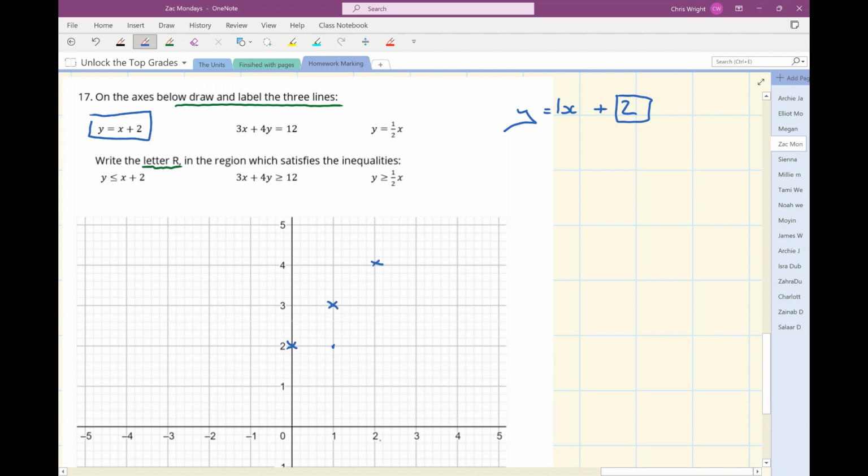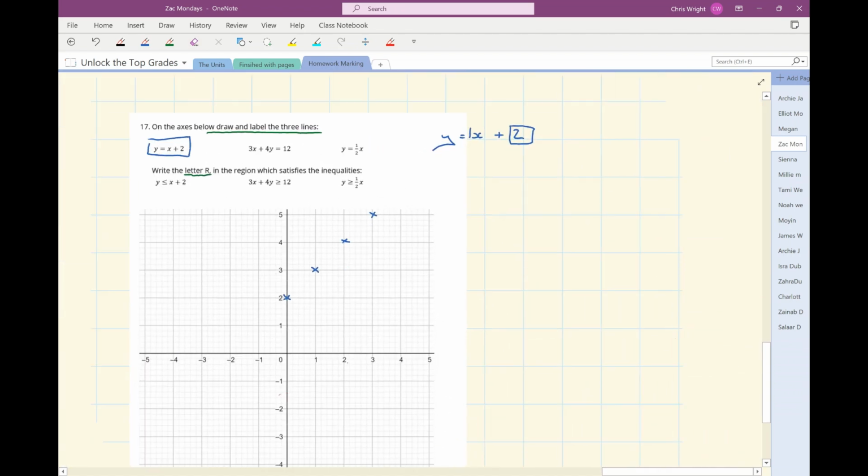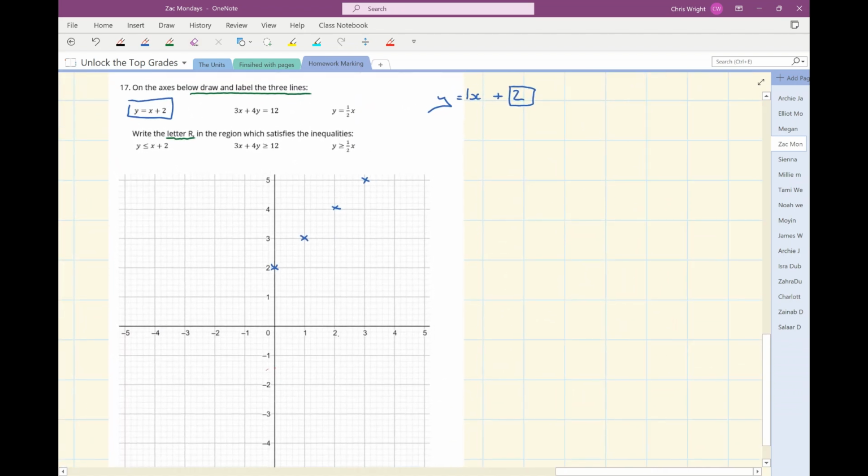Along 1, up 1, along 1, up 1. Okay, so here is my line y equals x plus 2. There it is. I'll label it y equals x plus 2.